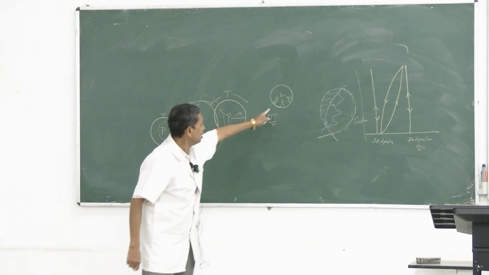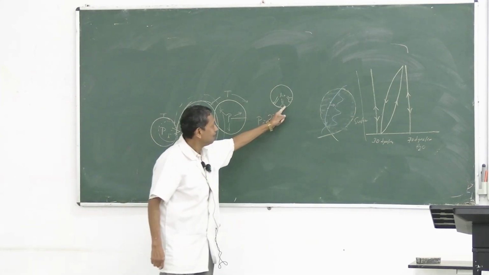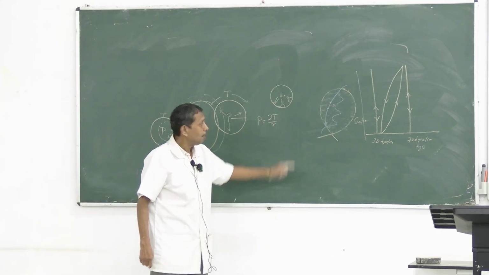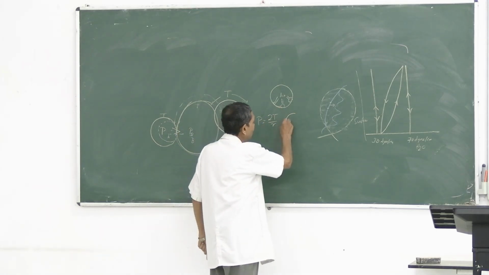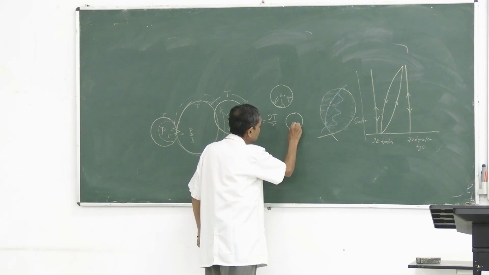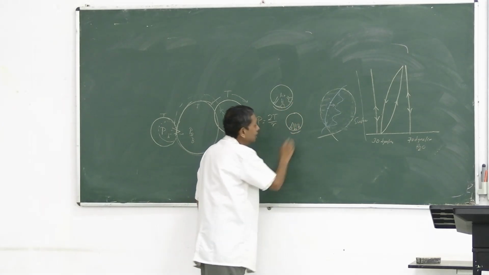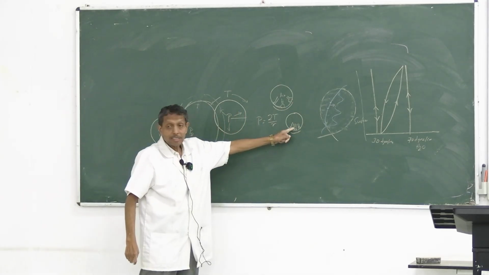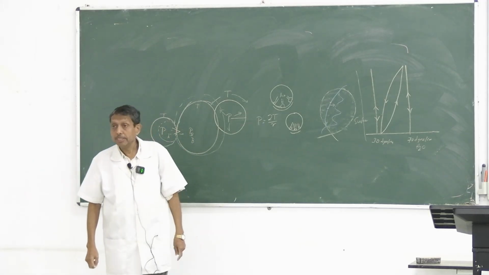They project in this way. During inspiration this is so, and during expiration it becomes smaller and they come close together. So surface area is reduced. Their concentration increases. So their surface tension lowering property does increase.